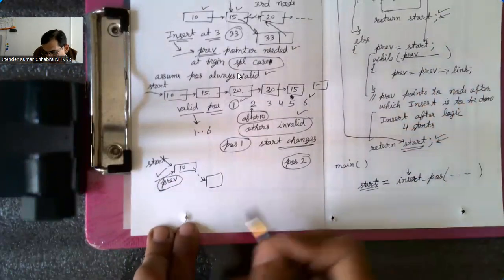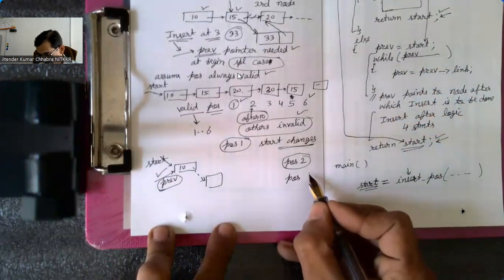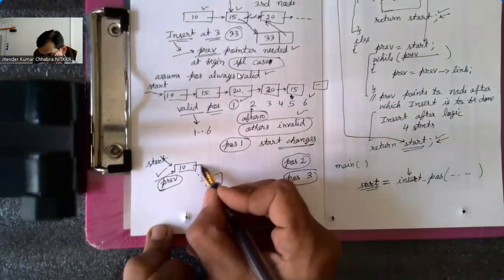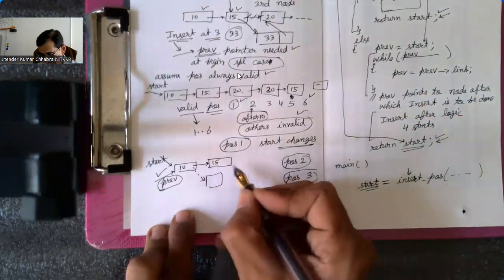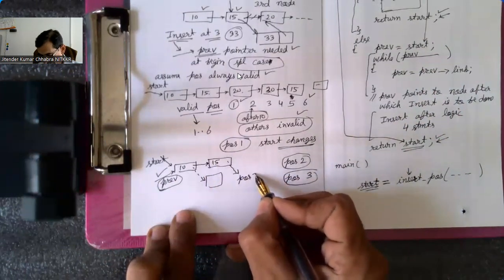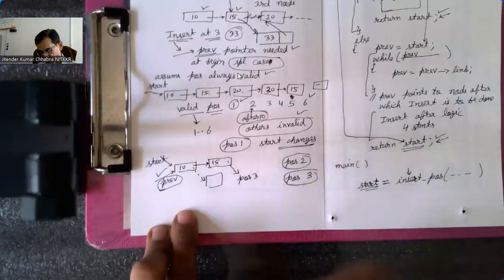How many shifting? For example, position is, let's say, 3. Position 3 means previous should be shifted by 1 level and then the insertion will be done. So loop should work once. So loop has to work once, twice, thrice, or 0 times.